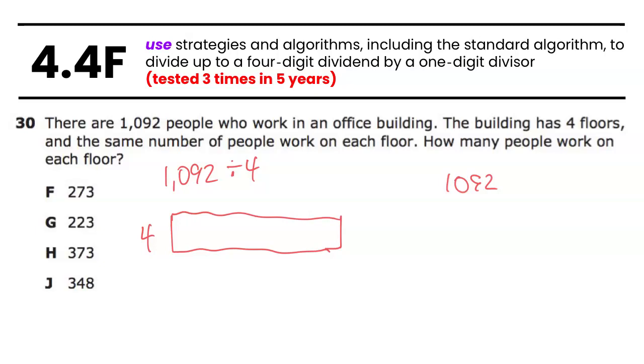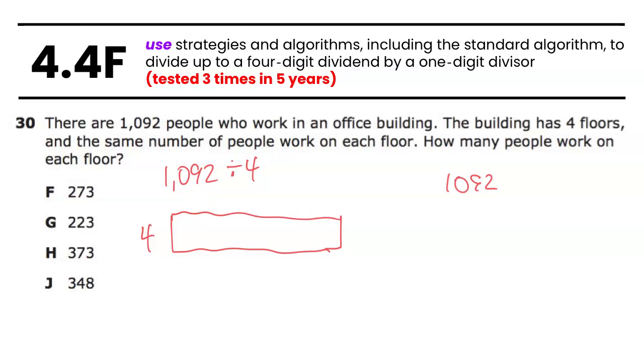And so instead of starting off with 10 here, which would only get me to 40, maybe they start thinking about how we can more aggressively chip away at 1,092. Maybe they realize that we could start with 100, and that would get us to 400, which would pretty significantly take away from that 1,092. That would be a pretty good place to start.